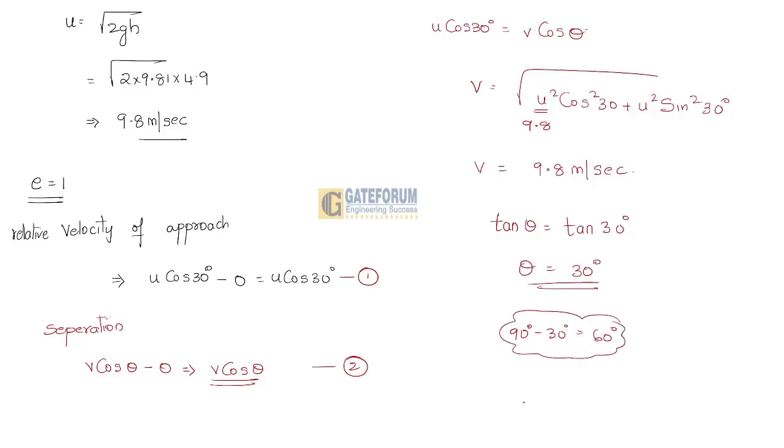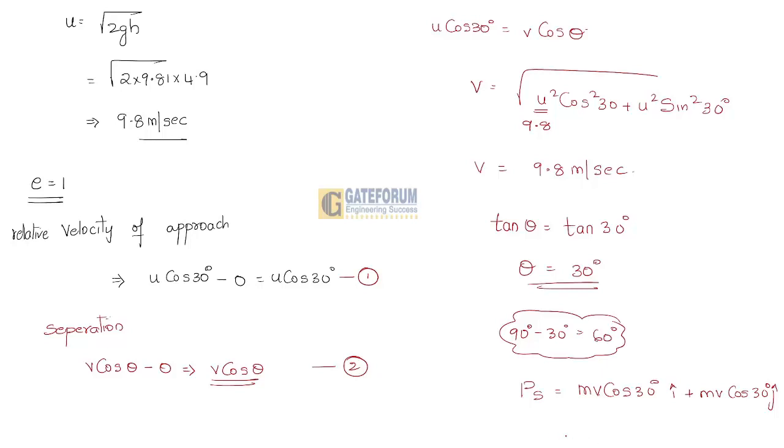So now we can clearly write the momentum as mv cos 30 degrees into i cap plus mv cos 30 degrees into j cap, right?